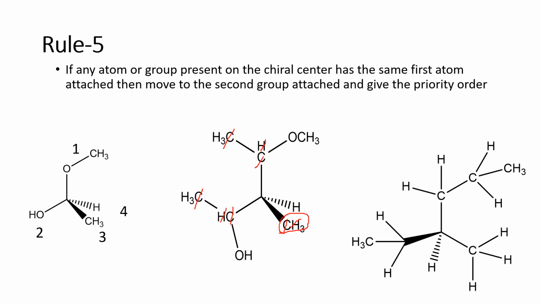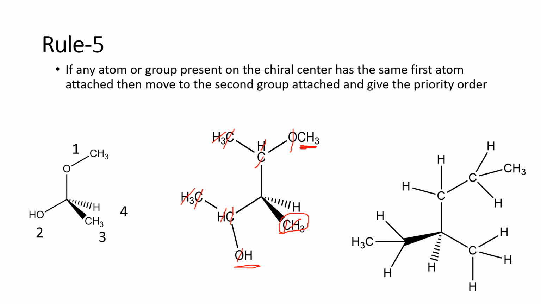So the next atom. Here these two are also cancelled. Then go to the next atom. Here it is oxygen. Okay, so here also there is an oxygen. You cancel it out. All are cancelled. Now again go to the next one. Here all the three atoms are again occupied. So go to the next priority. Here it is CH3, cancel out. Here it is also CH3, cancel out. Now this is the hydrogen, whereas this is OCH3.